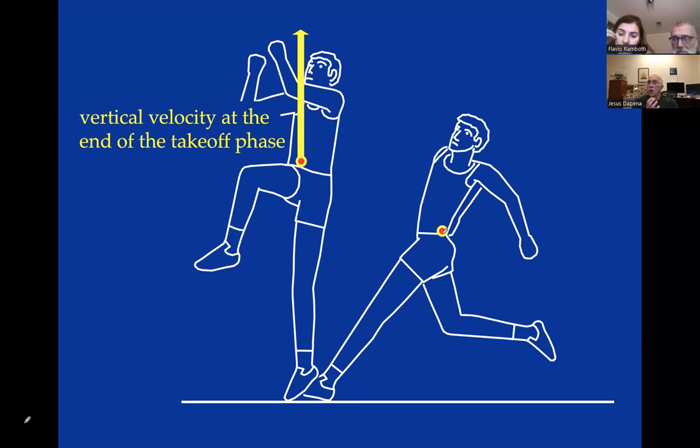Because if you have a stronger takeoff leg, you can be low and not buckle. But if you have a weaker takeoff leg, then you cannot be so low because your leg will collapse. So in our graphic, in the horizontal, we're going to have this value, vertical velocity at the end of the takeoff phase, as an indicator of the strength of the takeoff leg.